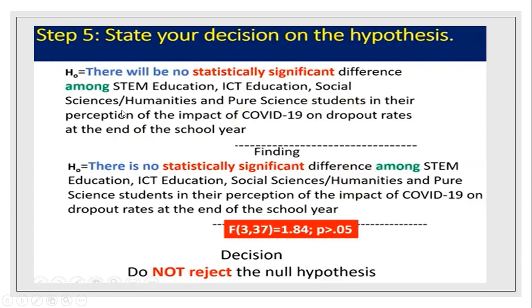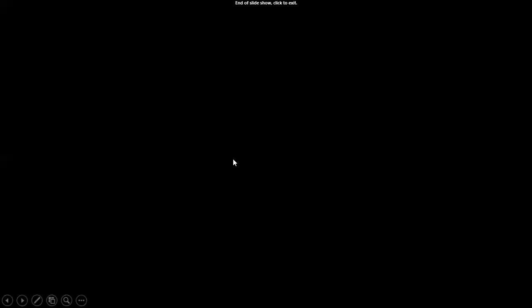You will write it out. This is your hypothesis, and this is your finding. This is your finding, then this is your decision. And below your finding is where you will write this shorthand. Then you will also write your decision. What is now your decision?